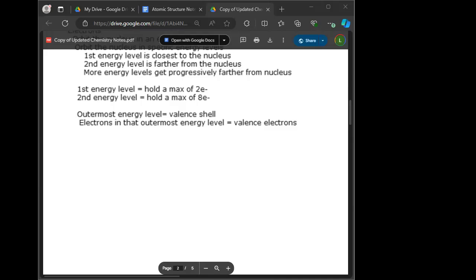Okay, so before we find the valence electrons, there's a few things that we need to know. We need to know that electrons fill from lowest energy level to highest energy level.